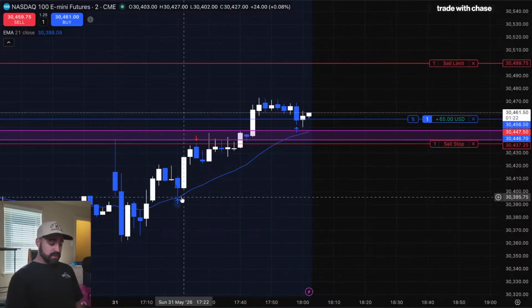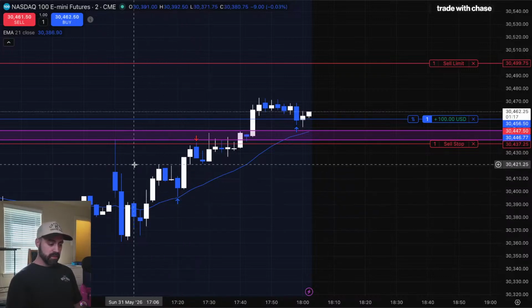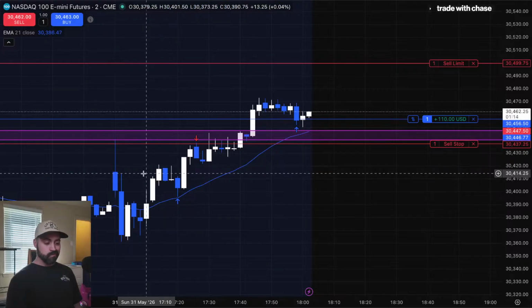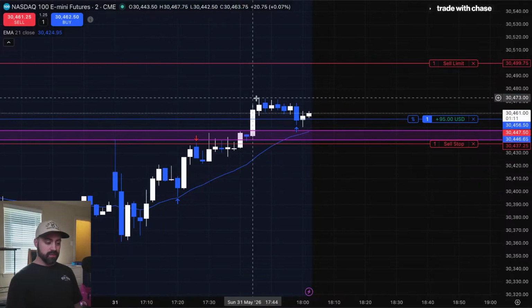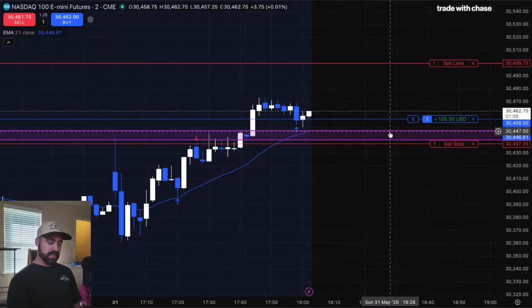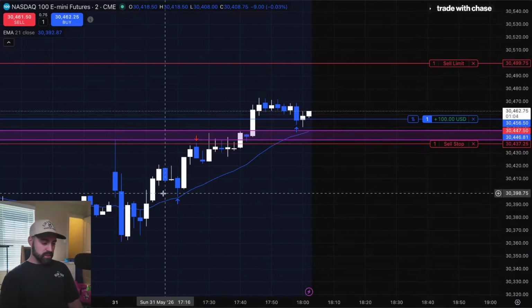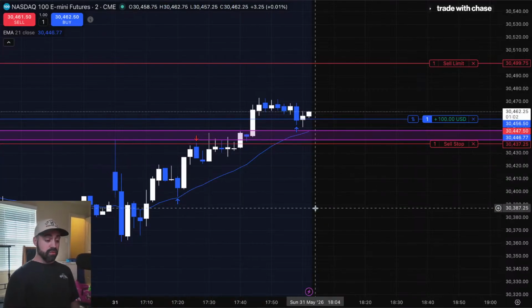So a lot like this setup that we took earlier. We had this kind of shelf here. We have this little shelf here. If we can kind of get up and break through it, I'll move my stop maybe to break even. It's not quite as far of a move.